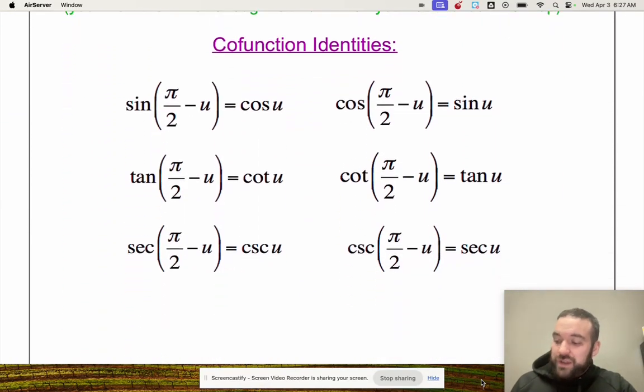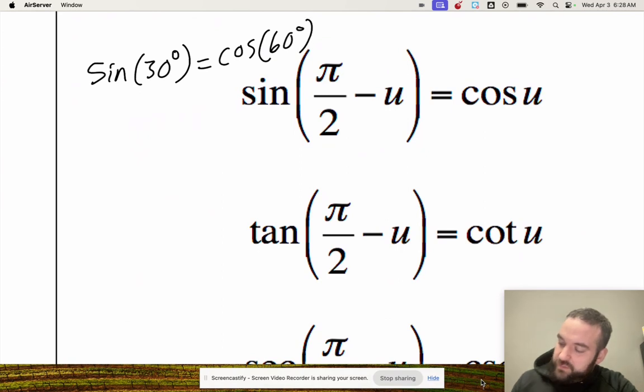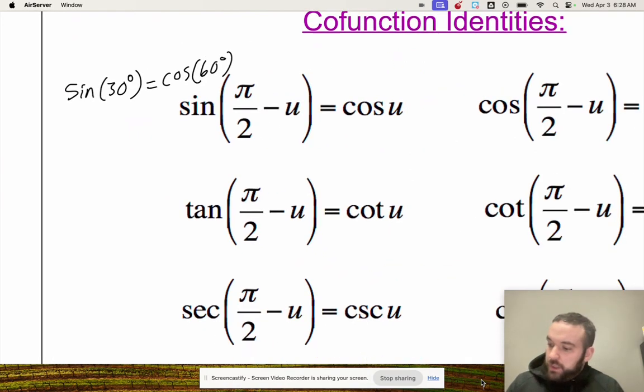The cofunction identities are essentially just saying if you subtract... like I can relate sine to cosine really well. The sine of 30 degrees is the same as the cosine of 60 degrees. And it's not a coincidence that the sum of 30 and 60 is 90 degrees, or in radians, pi over 2.